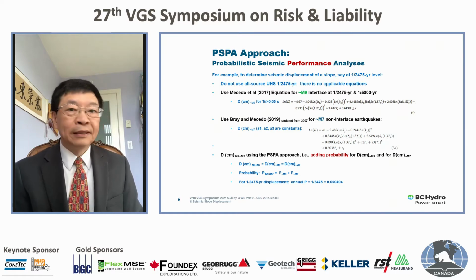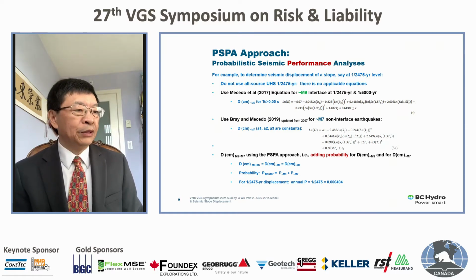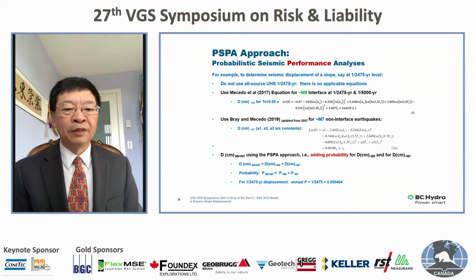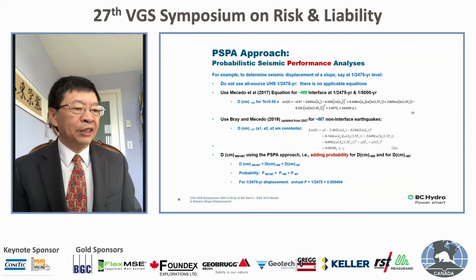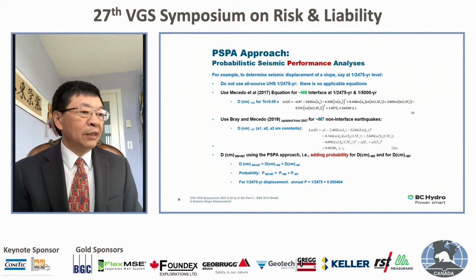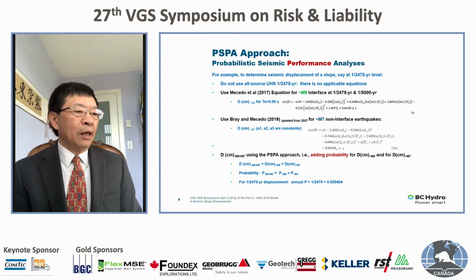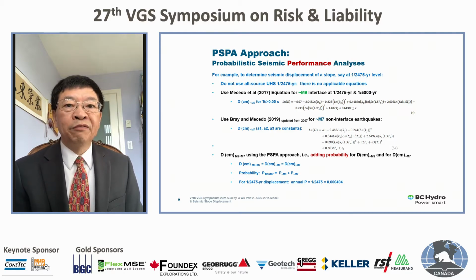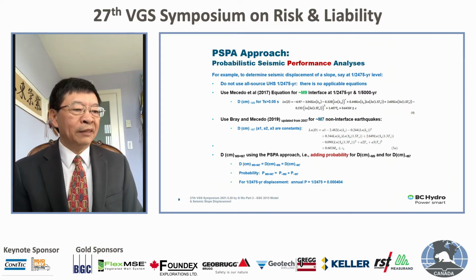The first one is shown in this slide, which is the seismic displacement for slope, using the simplified or empirical equations by Bray, which I think most seismic geotech engineers are familiar with. There are two types of equation. One is the 2017 equation for the subduction interface earthquake, meant for the M9 interface earthquake.